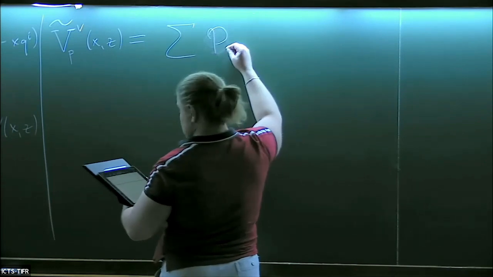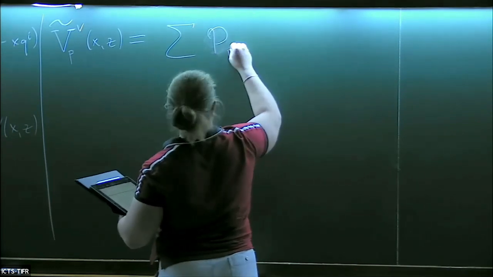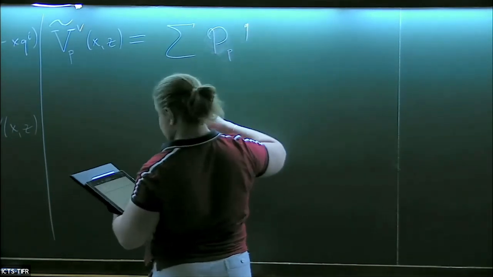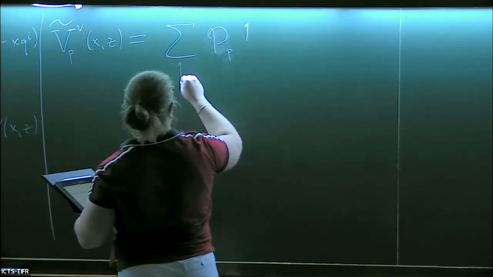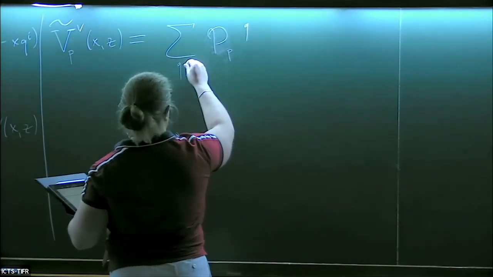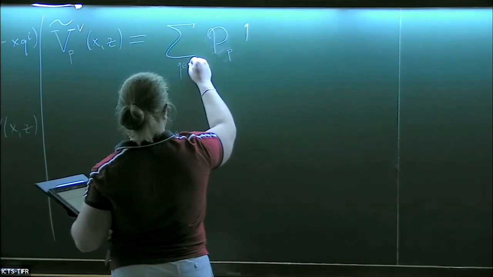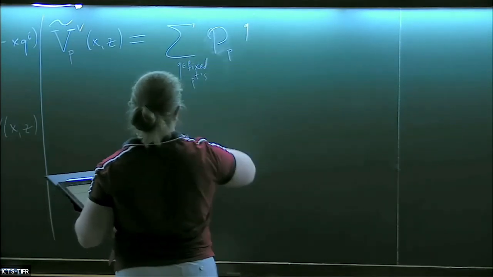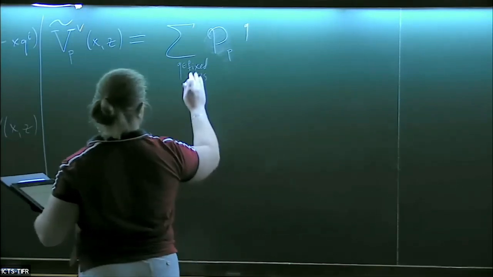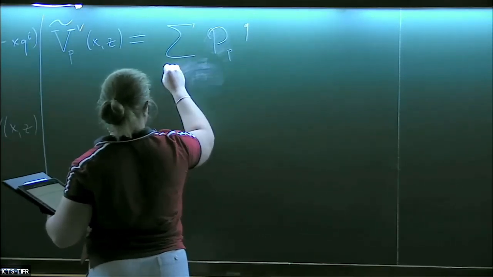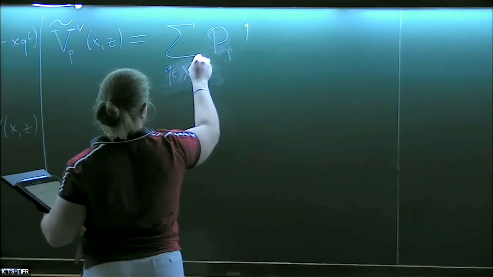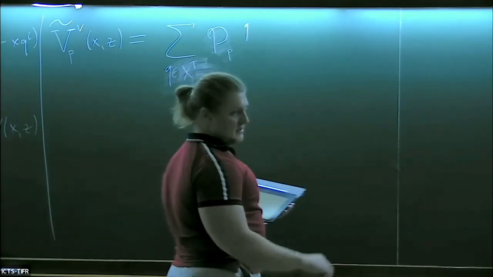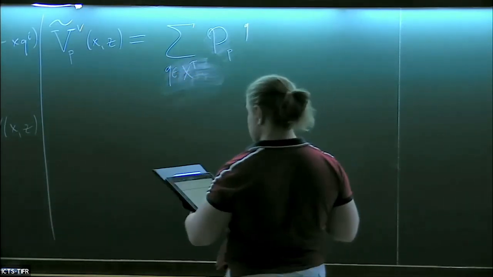So here's a matrix, and I sum over the fixed points, well, just these T fixed points, assuming that they are isolated.